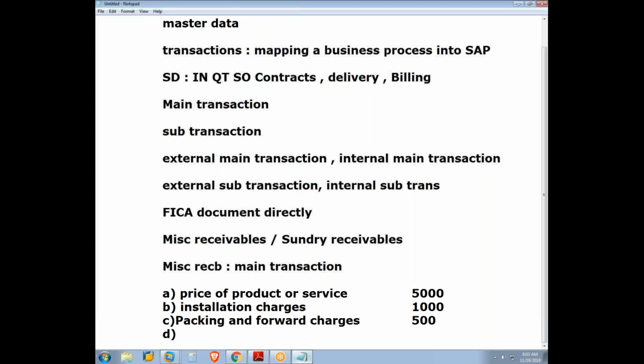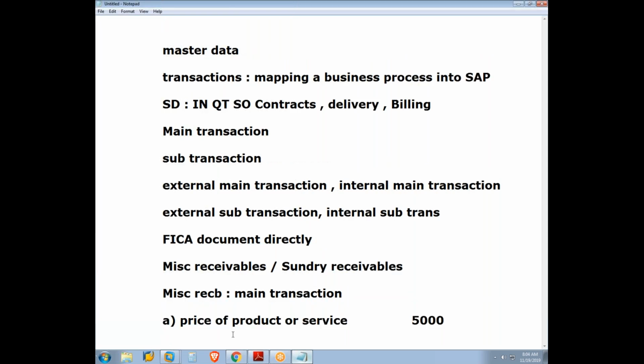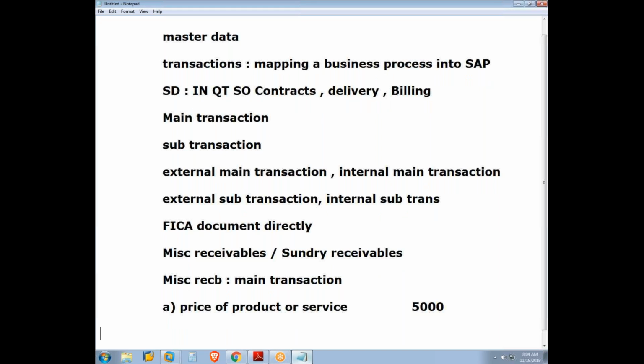So considering this process, let us say for the time being, we are not including taxes in the transaction. I'm preparing a main transaction receivable where I'm charging the contract account for the price of a product, 5,000 rupees. What this means is that this 5,000 should be debited to the contract account.